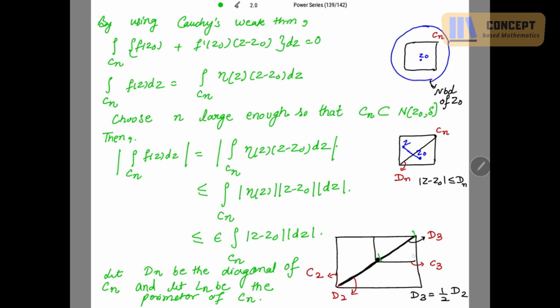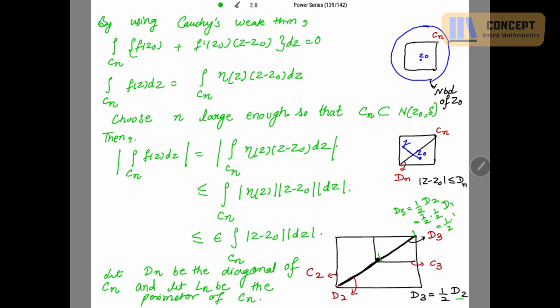Now if you look, this D3 is half of D2. So D3 is half of D2, and going further, D2 is also half of D1. See, D3 is half of D2, and D2 is again half of D1.